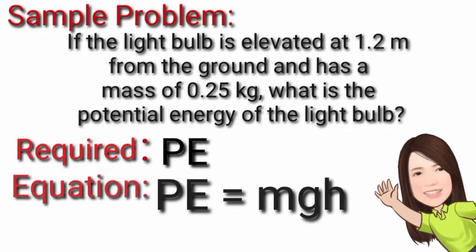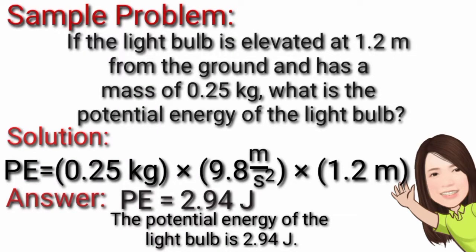We are required to find PE. Equation we use: PE equals m times g times h. Our solution: PE equals mass, 0.25 kilograms, times acceleration due to gravity, 9.8 meters per second squared, times height, 1.2 meters. Answer: PE equals 2.94 joules.